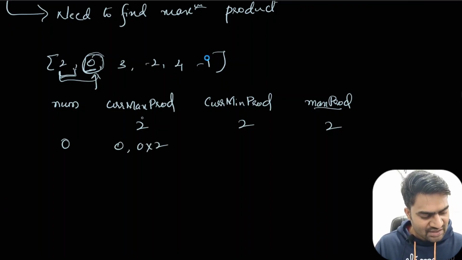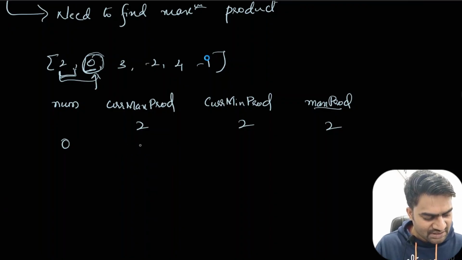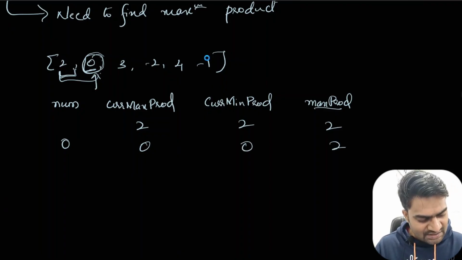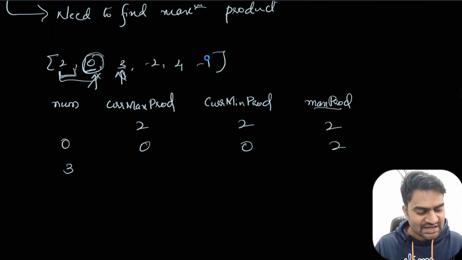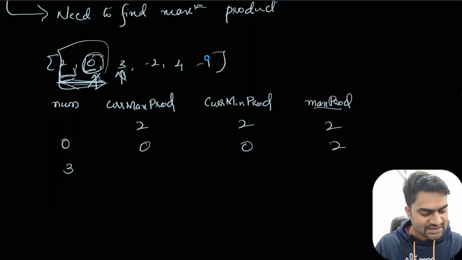So our current max product will be updated with 0, and our current min will also be updated with 0. Max product won't change. But now if you process the next number, ideally we need to start our subarray as a fresh element, right? Because this part really does not contribute to the maximum product. That's where, if I start here, my start index should start from here.